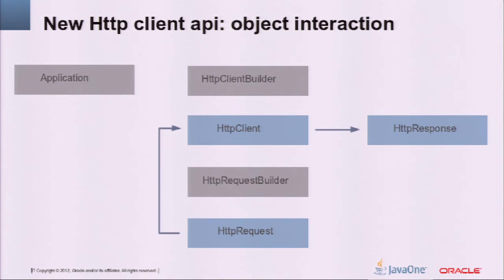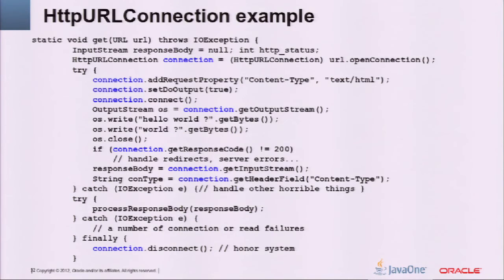So every use of this API looks something like this. You create a client, you create a request object, you send the request object through the client, and you get a response back. It all looks like that. So you can see already we're trying to model the HTTP protocol more closely with an object model here, and we've added builders in for reasons we'll explain a bit later.